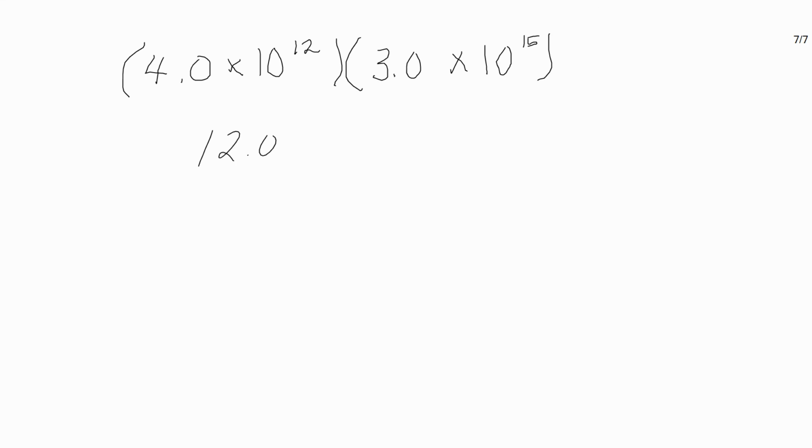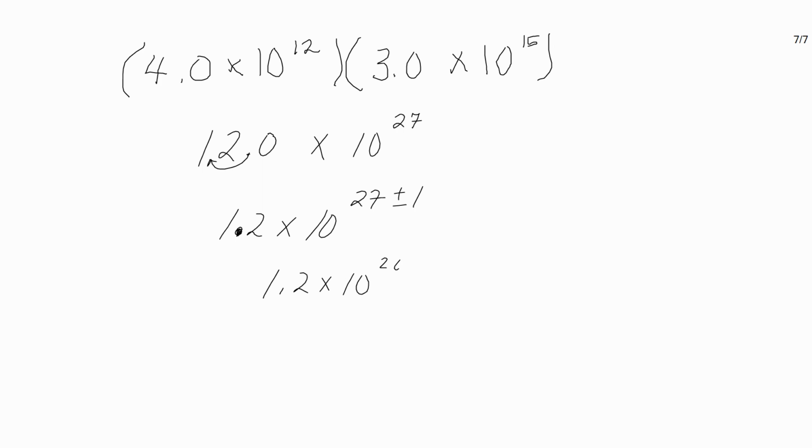You don't need to write 0.0, but a lot of people, when they're doing scientific notation, like to put the 0 there just so they see it. You don't have to. And what is 12 plus 15? 27. You were thinking 12 plus 5. Now, move one place. That would be 1.2 times 10 to the 27 blank 1. And which way do we move this in our head to get it back the way it was? To the right. And now it'll give us 1.2 times 10 to the 28th power.